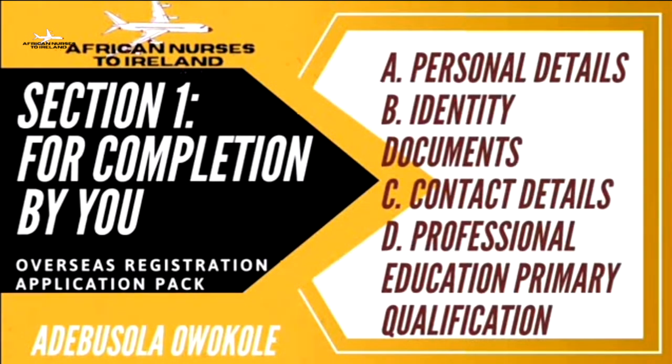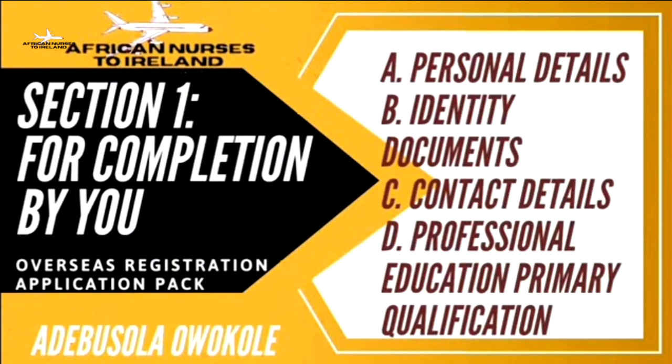The A part of it is your personal details. Your personal details are going to be printed in that section, so you must attach a recent passport sized photograph of yourself to that section, and make sure you include your name and application reference number on the back page of the photograph.